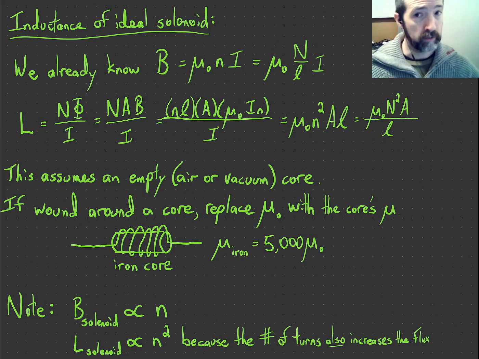First of all, increasing the number of turns, for a fixed length at least, makes the magnetic field stronger, but it also means you have more loops of coil so that the total amount of flux is increased. So when you add more turns, you're strengthening the field and also increasing the effective area, and so you get this extra strong effect on the inductance.